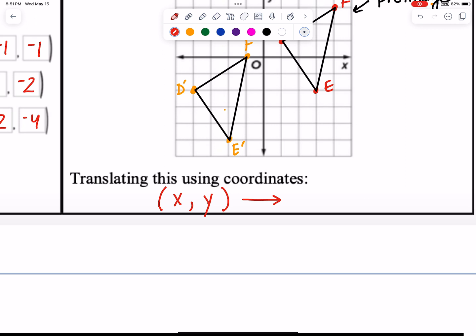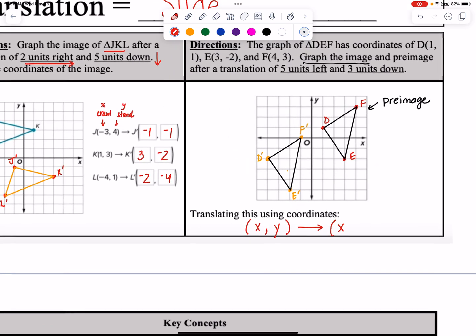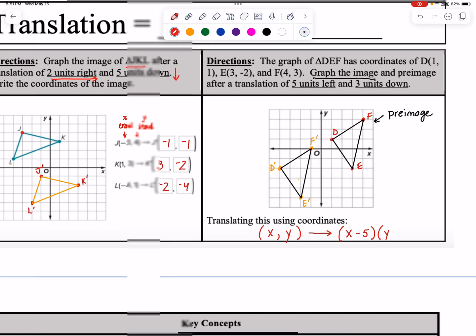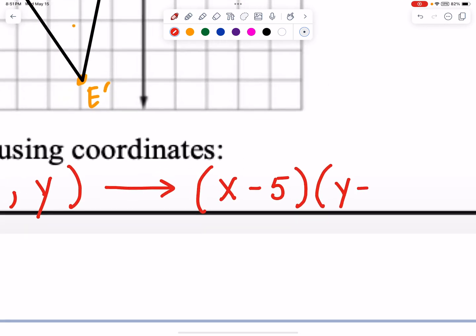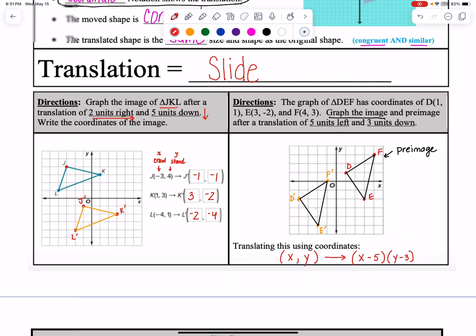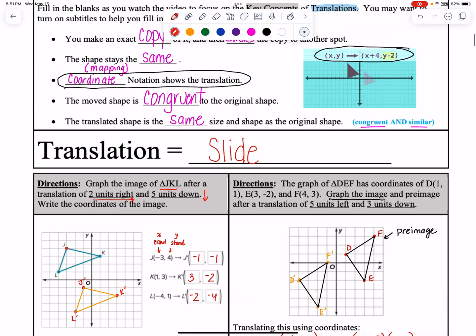Okay, so what did you do? Well, we took X, and what did we do to X? We went 5 units left. Okay, so that would be subtract 5. And then what did you do to Y? Tell us what we did to Y. We moved 3 units down, so that would be subtract 3. Okay, so this is what we did to these two things.